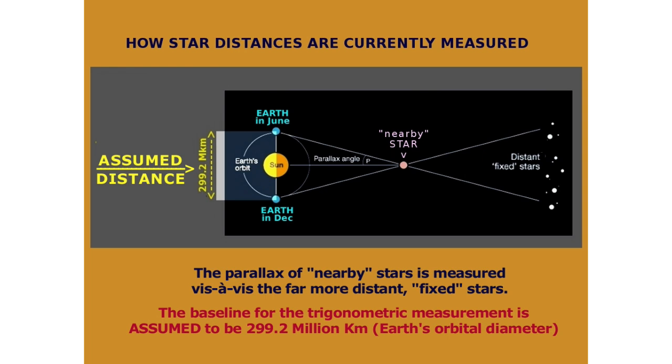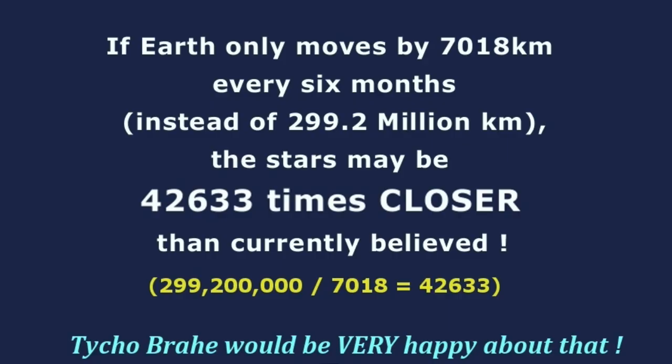I'm using this reduction factor of 42,633 to postulate that maybe the stars are 42,000 times closer than believed. And I'm only talking about the stars. Please note, I'm not talking about our planets.